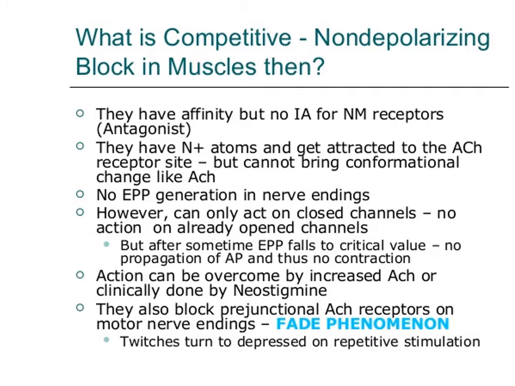However, they can only act on closed channels. So please be clear, the non-depolarizing competitive neuromuscular blockers act only on closed channels. So there will be no action on already opened channels. Please be clear about that.